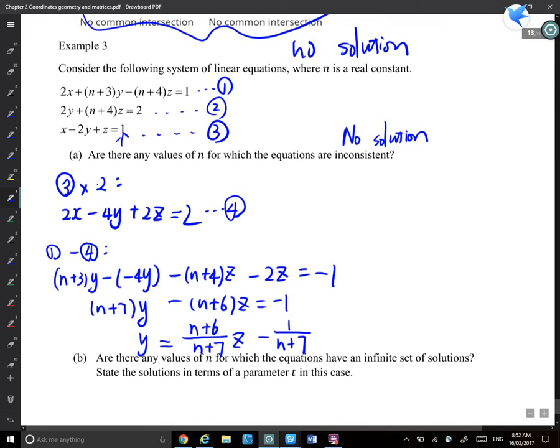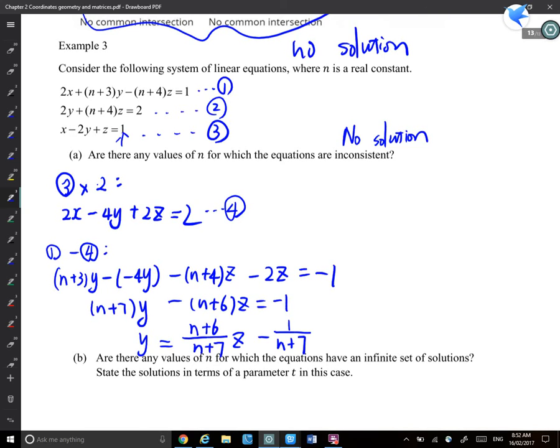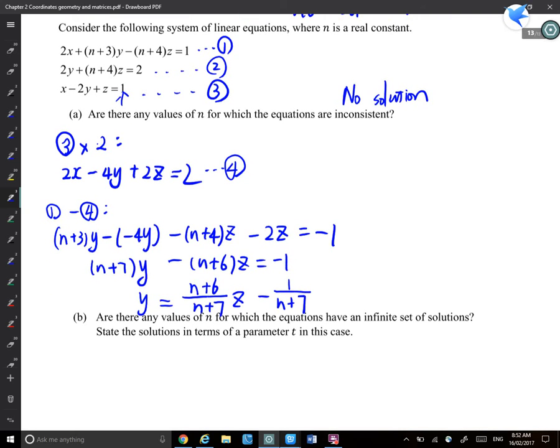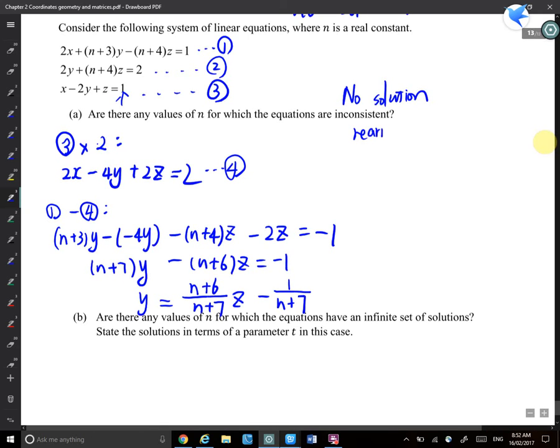If I make that into the gradient intercept form, we move that to the other side and divide by n plus 7. And let's rearrange equation number 3, not equation number 2.